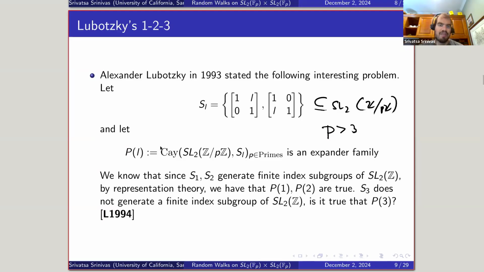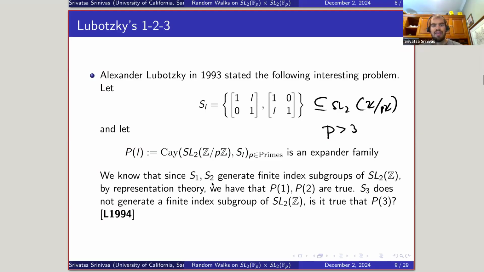So for example, P of 1 would be that if I pick the generating set to be (1, 0, 1, 1), (1, 1, 0, 1), does the family SL2Z mod PZ with those generators form an expander family. And similarly, P of 2 would be just replacing L with 2. Okay. So now we note the following.